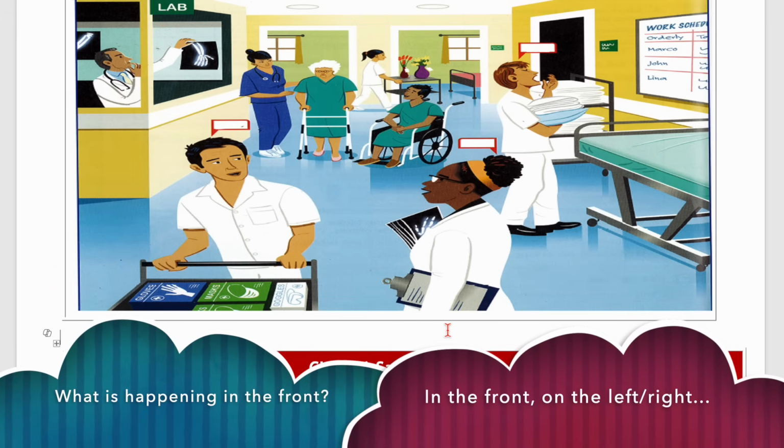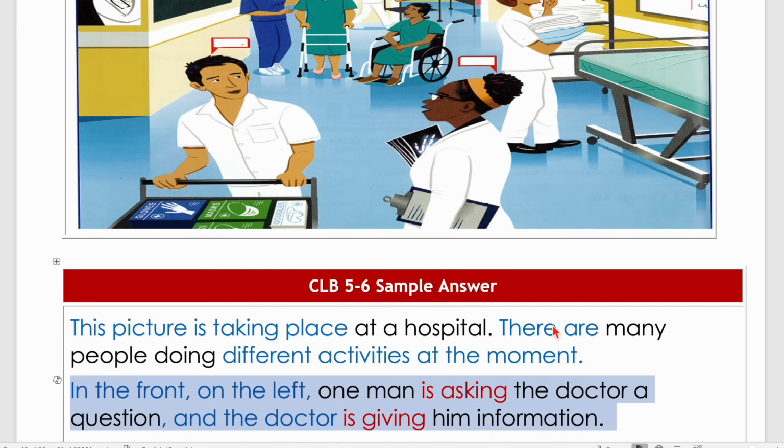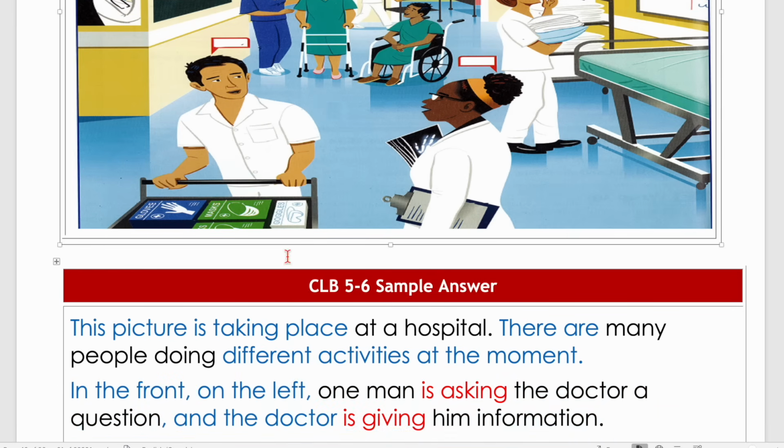So let's get now to the front. We want to organize. So we're going to get to the front of the picture. In the front, on the left, one man is asking the doctor a question, and the doctor is giving him information. That seems correct.